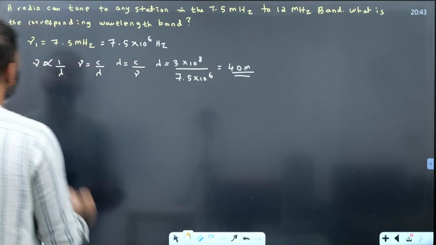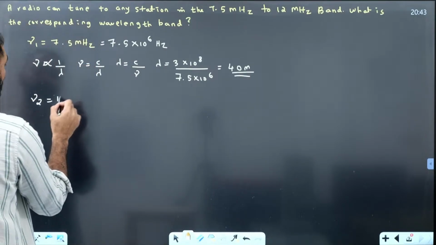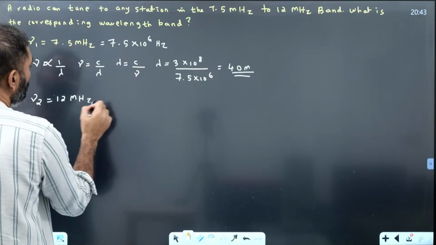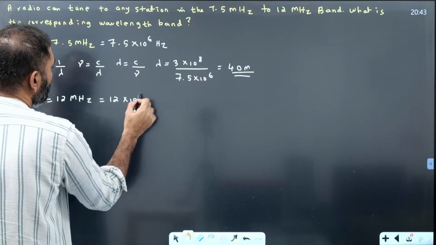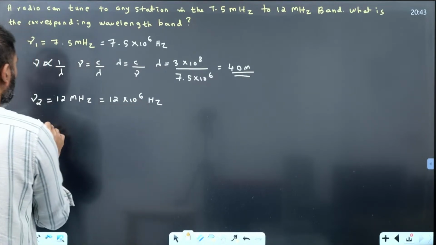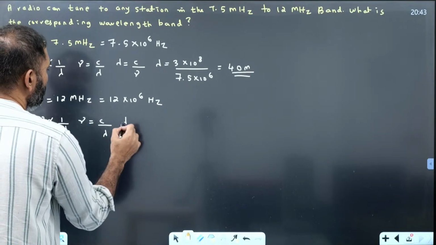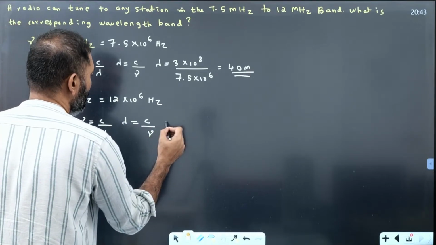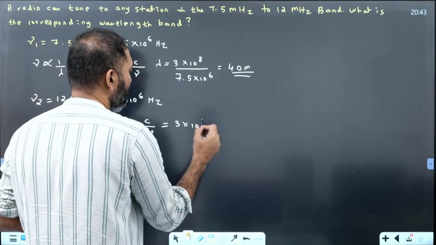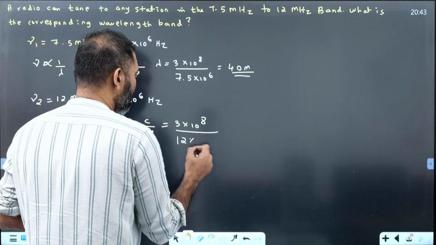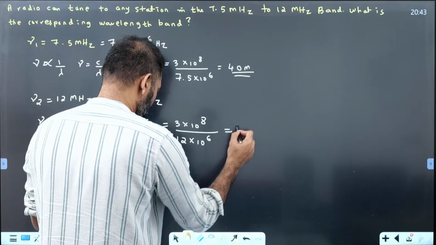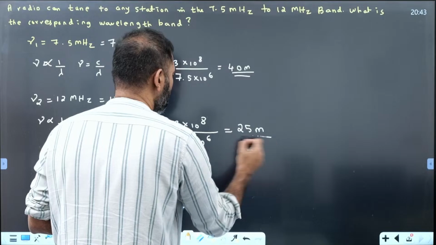In the second case, nu2 is 12 megahertz. That is 12 into 10 raised to 6 hertz. Nu is equal to C by lambda, so lambda is equal to C by nu, that is 3 into 10 to the power 8 divided by 12 into 10 raised to 6. If you solve that, you will get the wavelength 25 meter.